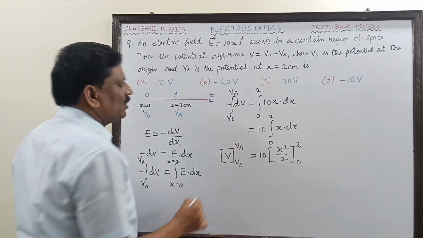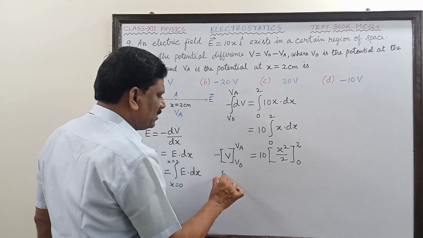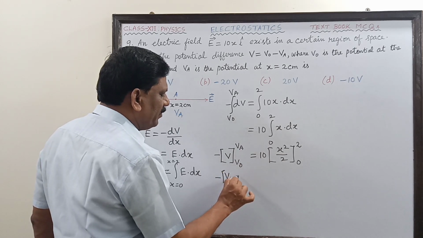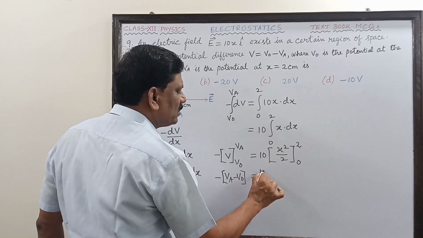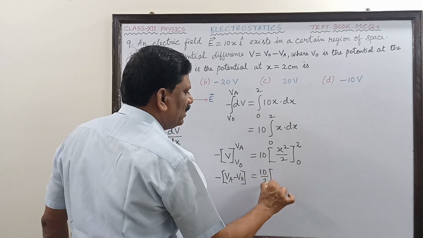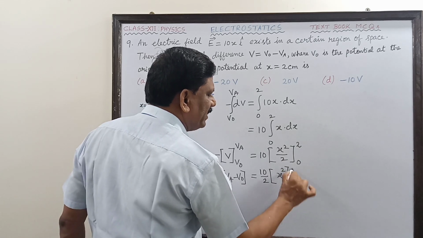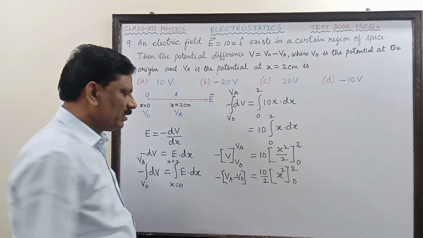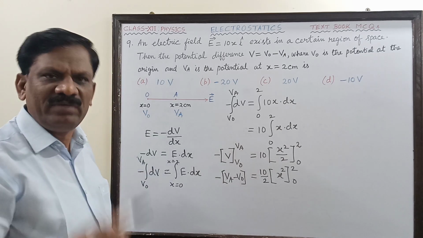So here minus of upper limit minus lower limit, so this is VA minus VO. This is equal to 10 by 2 into x square, between the limits 0 and 2. Now minus of VA minus VO is nothing but VO minus VA.